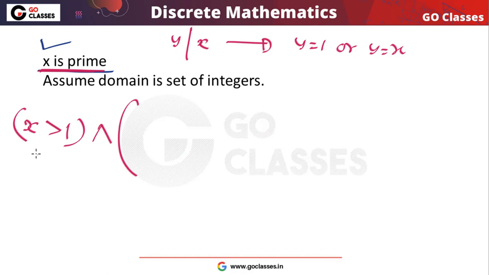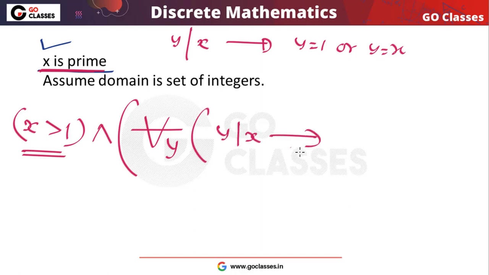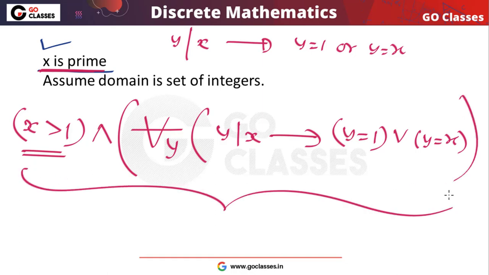Okay, let's see. So x is prime means x is greater than 1, and for all y we are saying that if y divides x, then y should be either equal to 1 or y should be equal to x. So this is the definition of prime number, correct? Very simple.